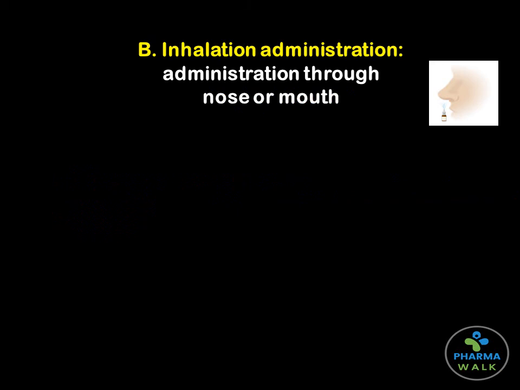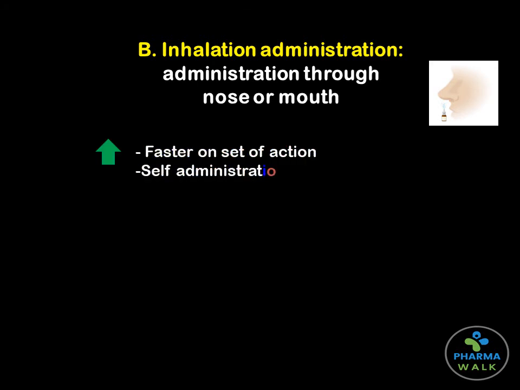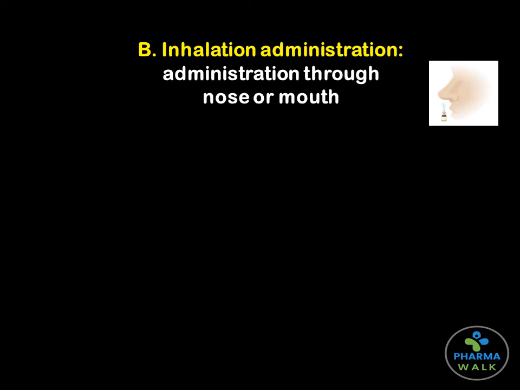After the injection, moving ahead, the second category under parenteral is inhalation administration: administration of drug through the nose or the mouth. Merits: faster onset of action, and self-administration is also possible. Demerits: sometimes there might be chances of bronchial irritation. So that's all about the inhalation route.